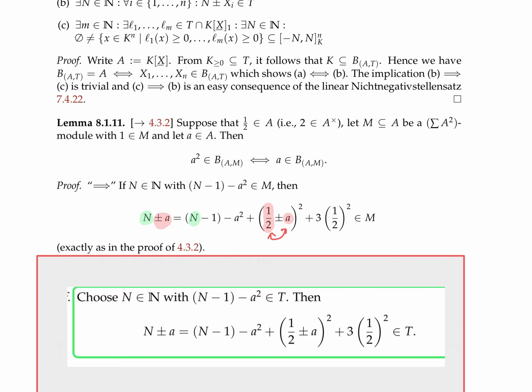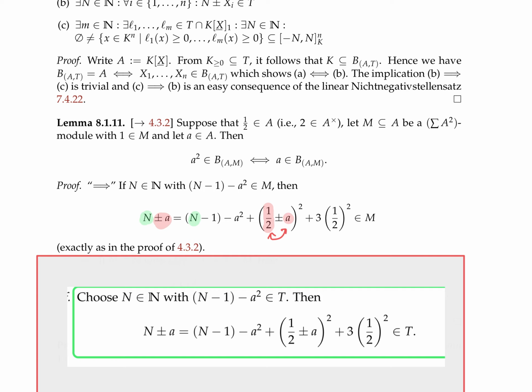And now I have here minus 1 minus a squared. I get a squared from a non-mixed term, and here 1/4, and here 1/4 plus 3 times 1/4, so that gives actually 1.